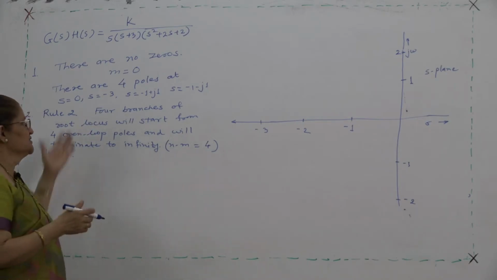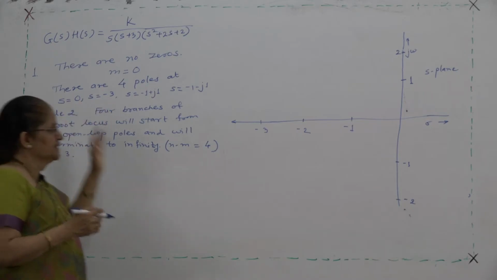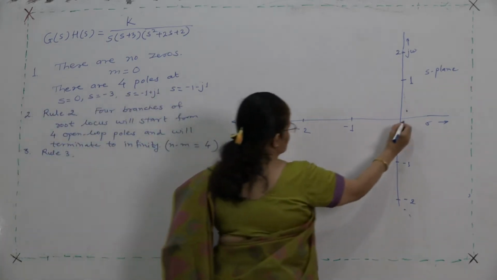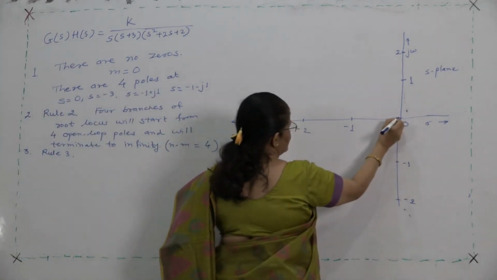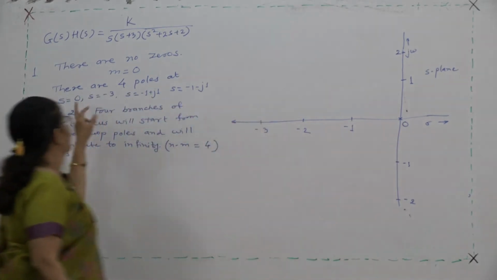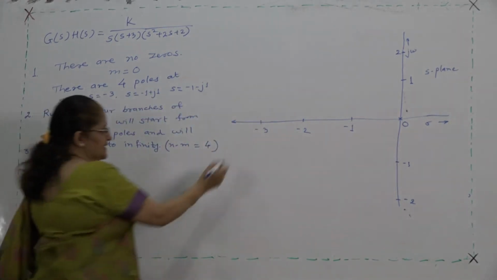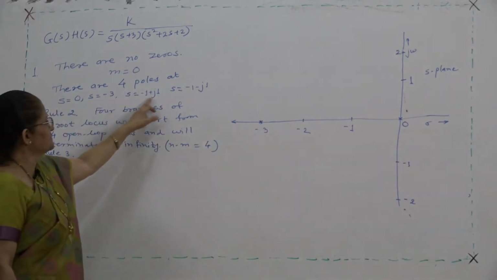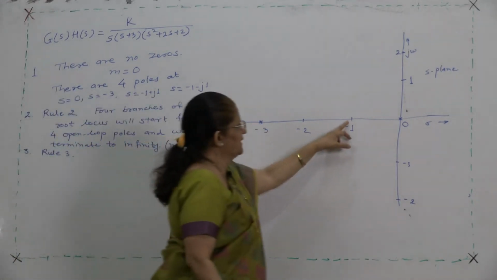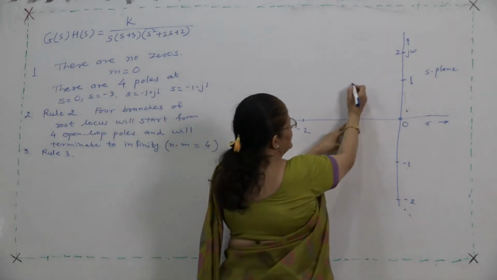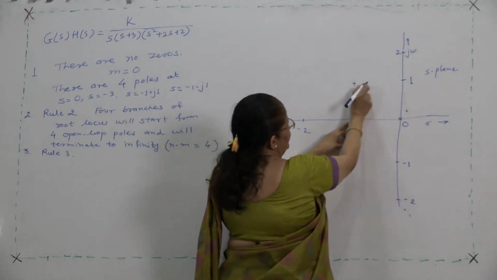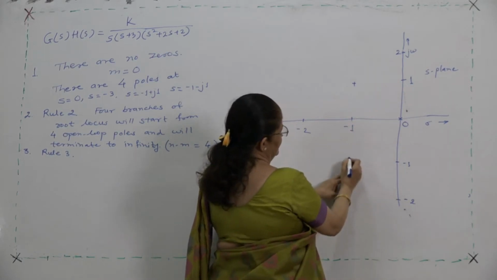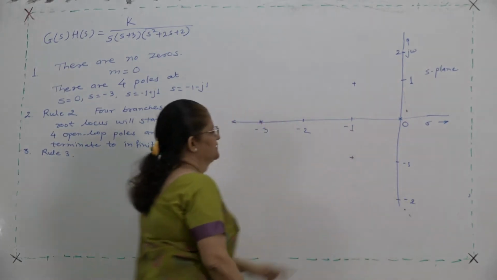So, there are no zeros. So poles we will try to represent. S is equal to 0, this is your first pole. Next is S is equal to -3, so represent the pole here. Next is at -1 plus J1. So real part is -1, imaginary part is J1, and -1 minus J1.